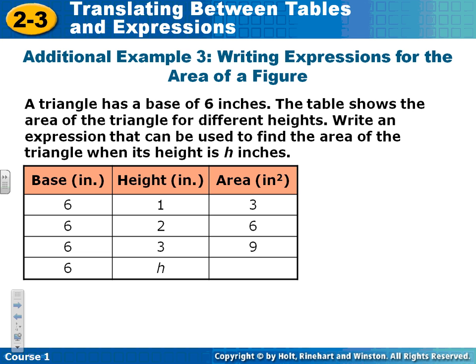Sometimes the height changes. What are we doing to get to here? Between these 3 things, what are we doing? Well, you're saying that this is times 3, times 3, times 3. That does work.